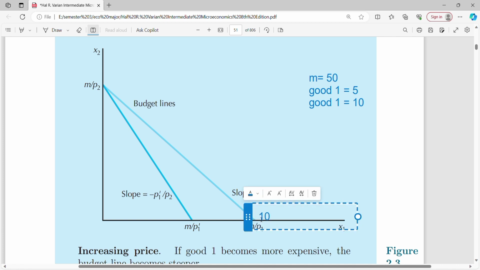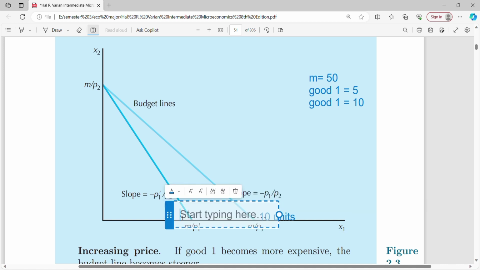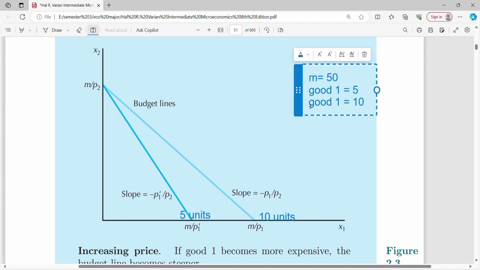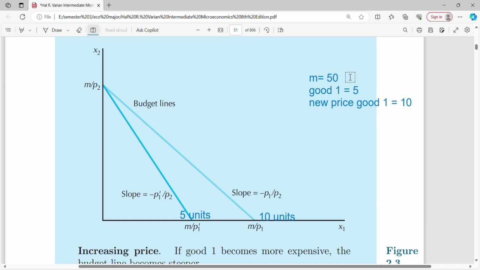Here it is 10 units, and here it is 5 units. Why? 50 divided by the new price of good one. I hope you got it.